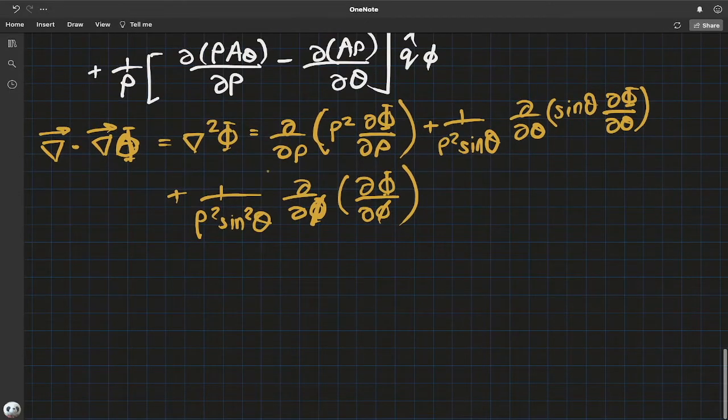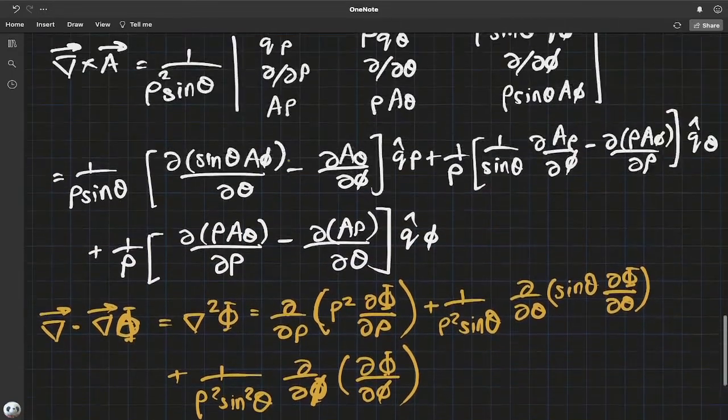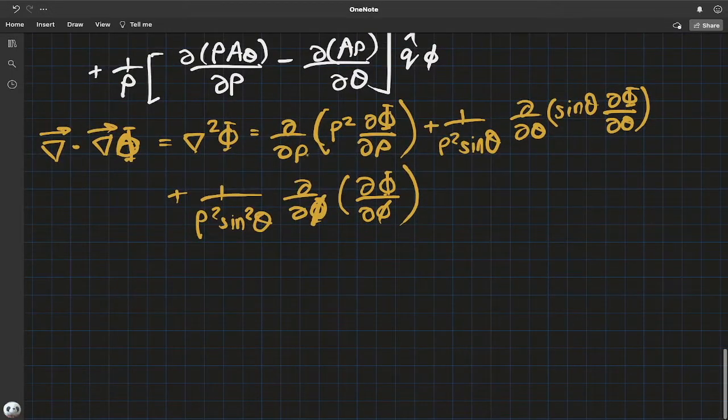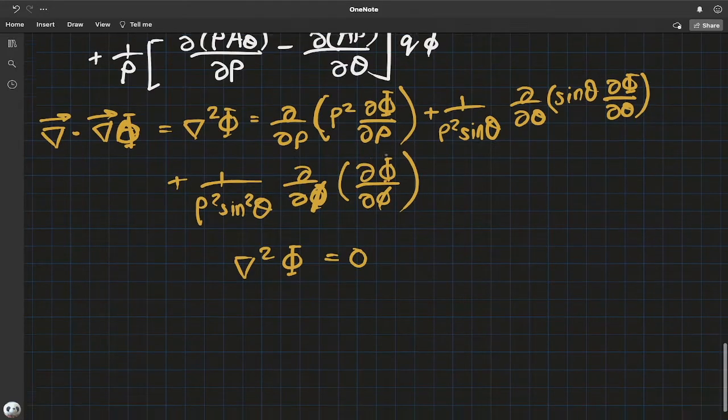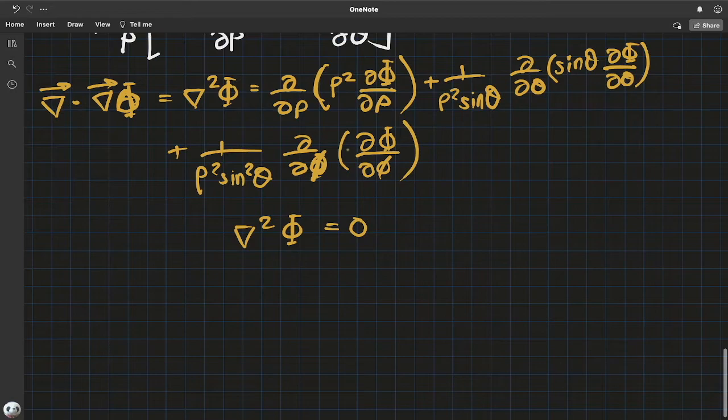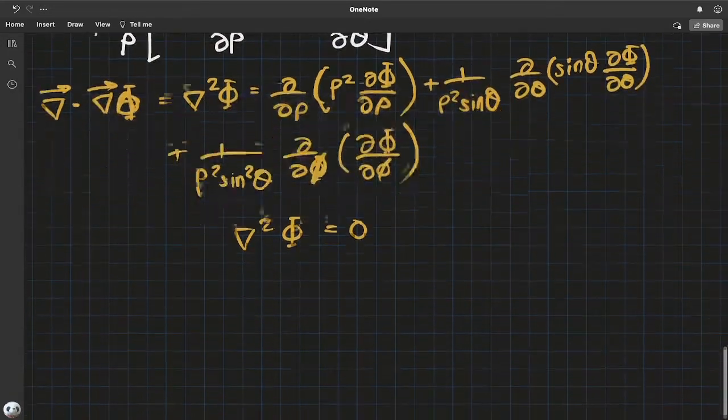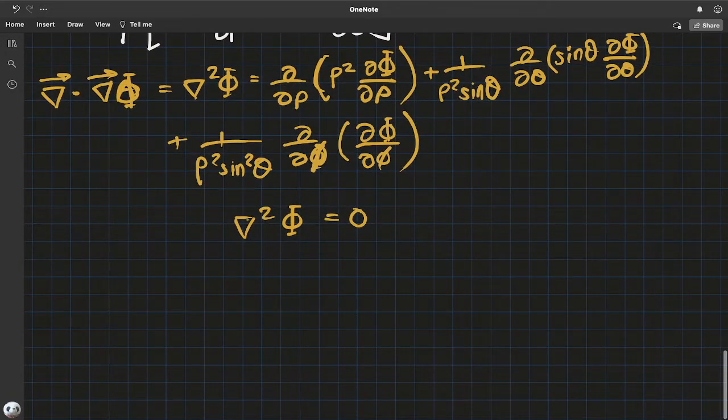So this is the Laplacian in the spherical system, and it becomes a matter of importance later on when you're studying partial differential equations to show that Laplace's equation has a rotational symmetry. That's how you solve it. An elegant way is to write Laplace's equation in the spherical system and then show that it's angle independent. So that's rotational symmetry.